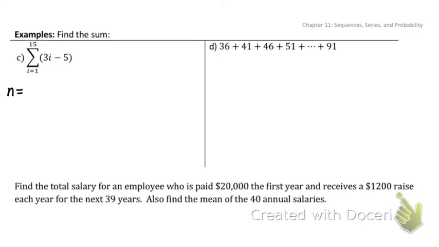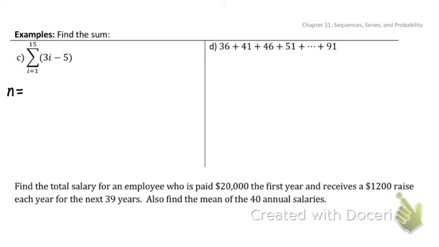So if you ever do 15 minus 1, you have to add 1 back in for your first term. So the easiest way when it's like this, I would do 15 minus 1 plus 1. If this was a 3, I would do 15 minus 3 plus 1. If this was a 5, I would do 15 minus 5 plus 1. You have to do that plus 1 to account for your first term.